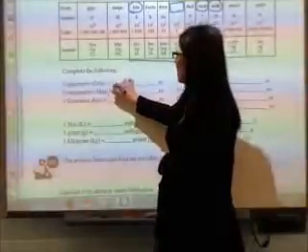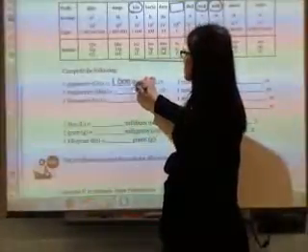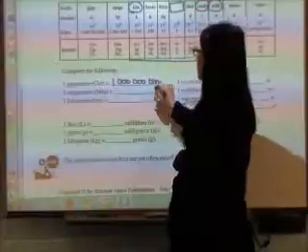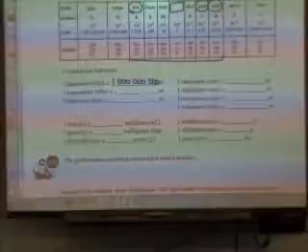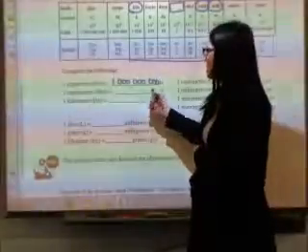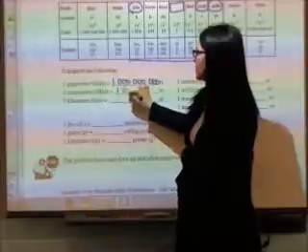So it would be 1 billion meters. A megameter would be 1 million.